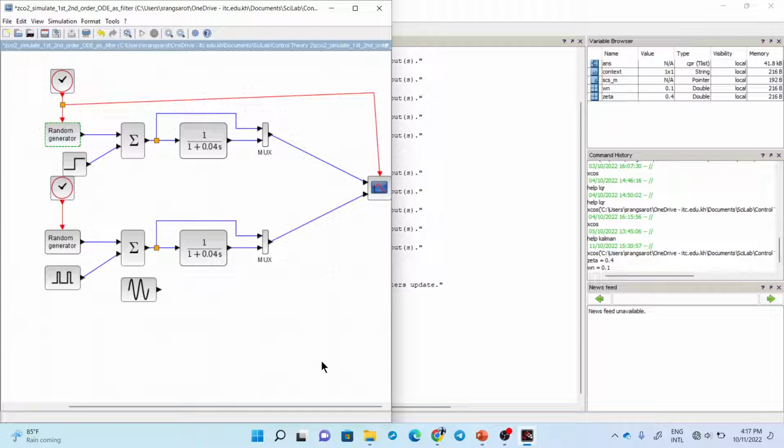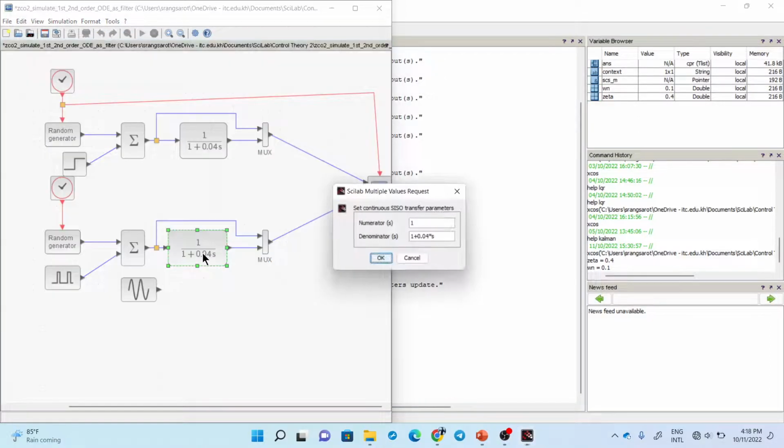Then I can define another one. Maybe I just change one of them here. Let's change this transfer function, and just keep this one as first order, and this one is second order.